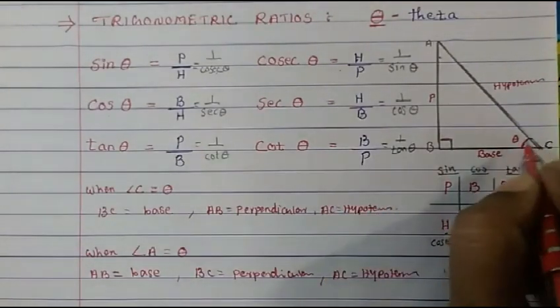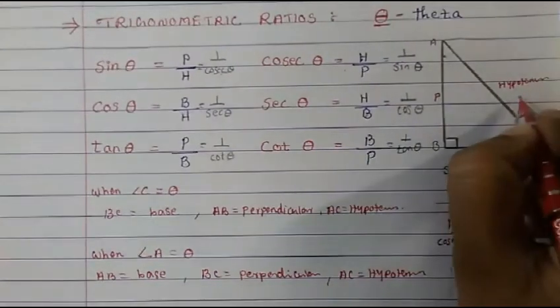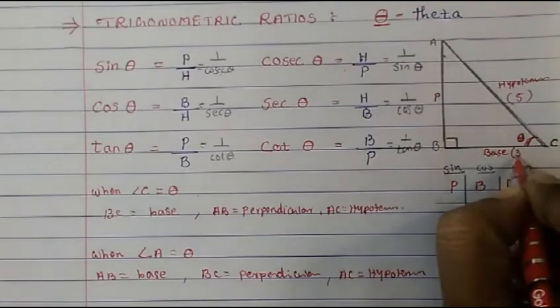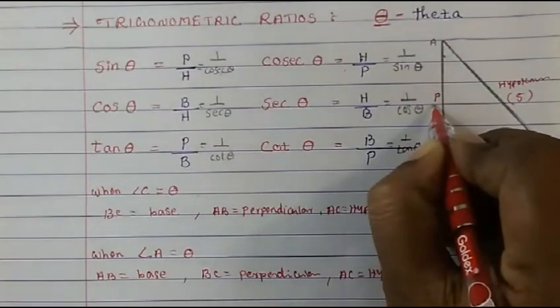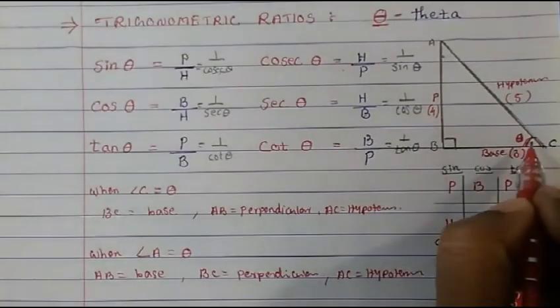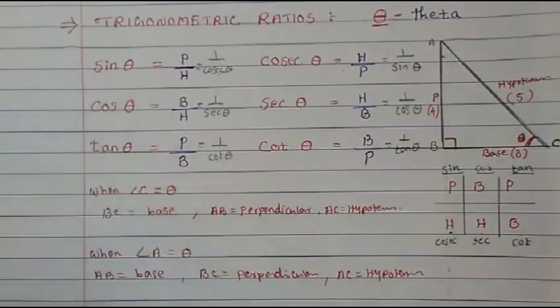Now my theta is here. Hypotenuse value I am giving 5 centimeter, base 3 centimeter, perpendicular 4 centimeter. So theta is here, so my angle is here. Now I have to write the ratio for sine theta.